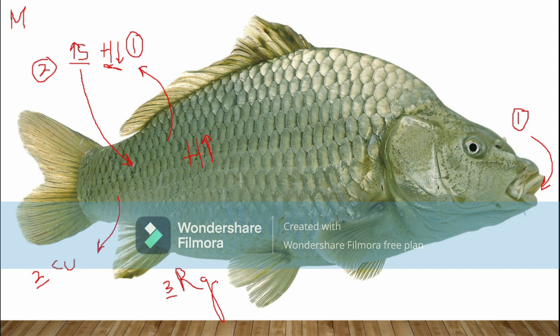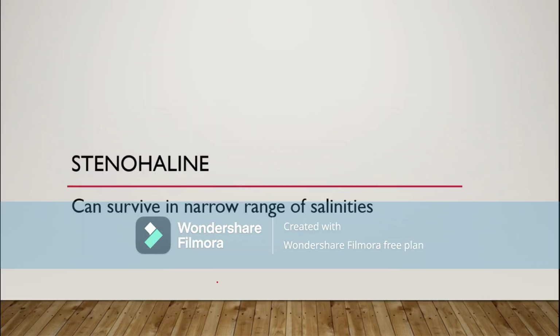So these are the specific adaptations taken by freshwater and marine water fishes in order to regulate the amount of salts and water, in order to carry out osmoregulation. One important thing about the osmoregulators is that they are stenohaline.